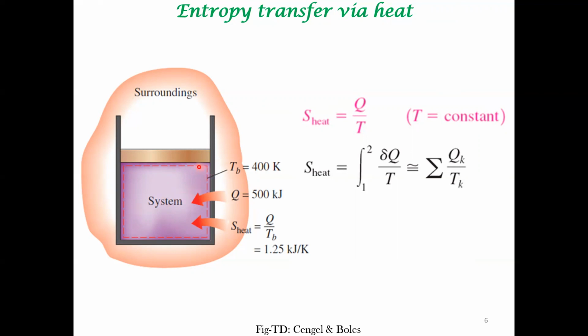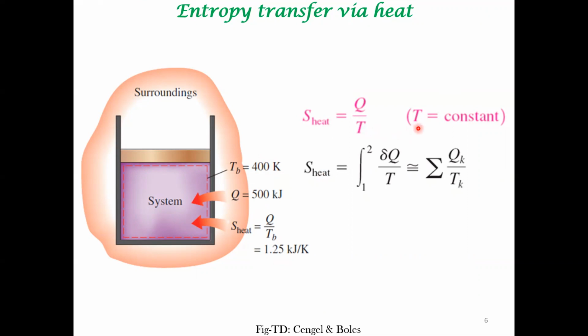So what is important is you assign temperature for the boundary, and let's say 500 kilojoules is being transferred from the surrounding to the system. So the entropy increase of the system via transfer of heat is this divided by the temperature of the system, right? So that is, in this case, 1.25 kilojoules per Kelvin.